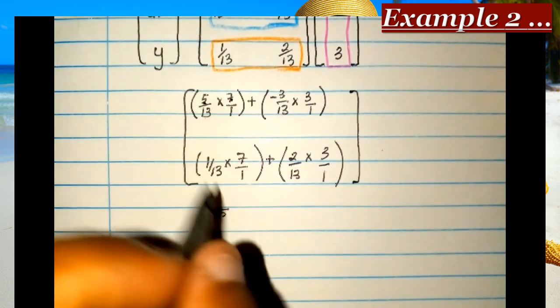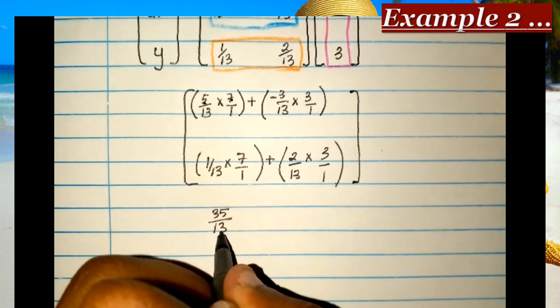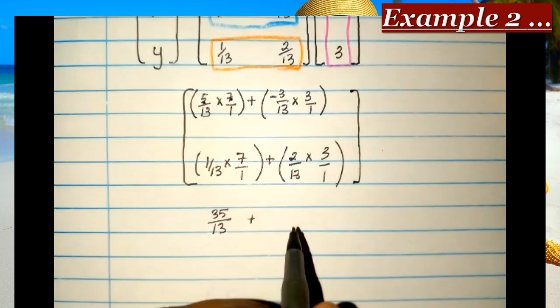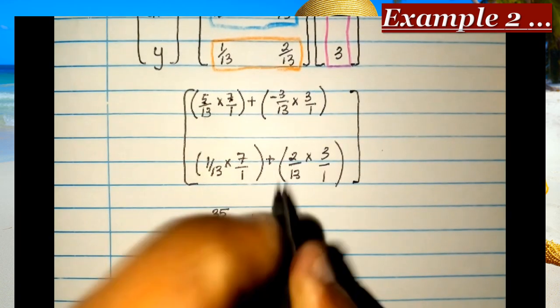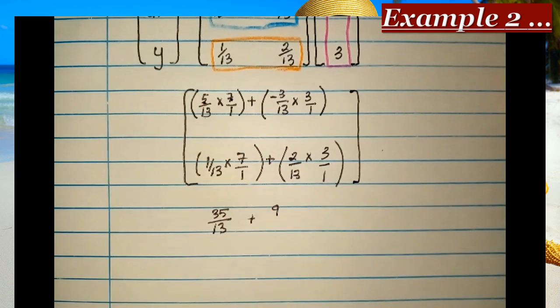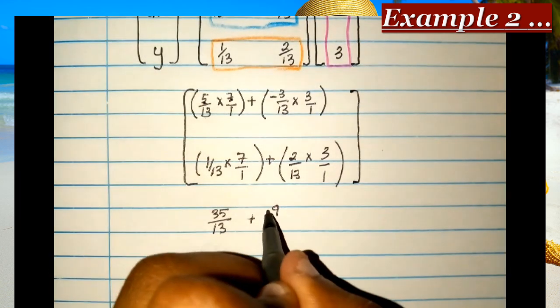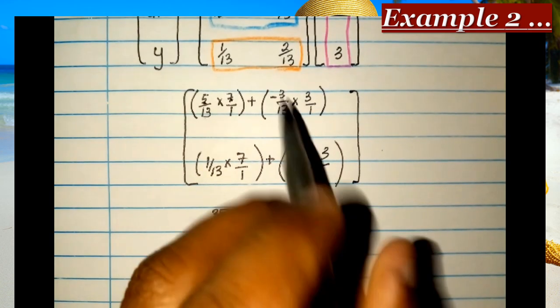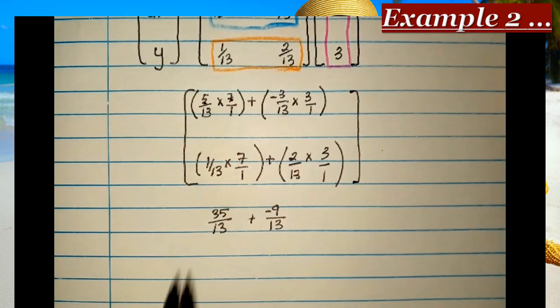And 13 times 1 gives us 13 in the denominator. We're going to add to that 3 times 3, which is 9. And remember, this is a negative 3. I nearly got caught a while ago, but I spotted my error. So that's a negative 9 over 13. Because 13 times 1 is 13. Great.